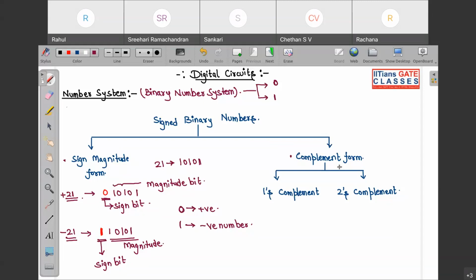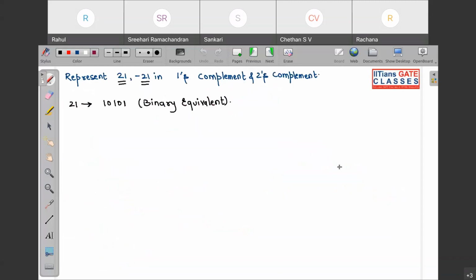Okay, fine. So now let us see how do we represent 21 in 1's complement and in 2's complement. First I am showing you the representation of plus 21. I am just brushing up your concept once again. I know some of you might know this, but some of you might have forgotten this.